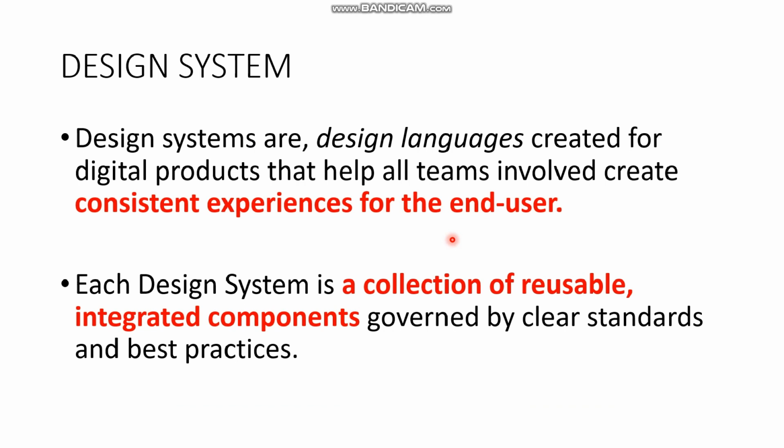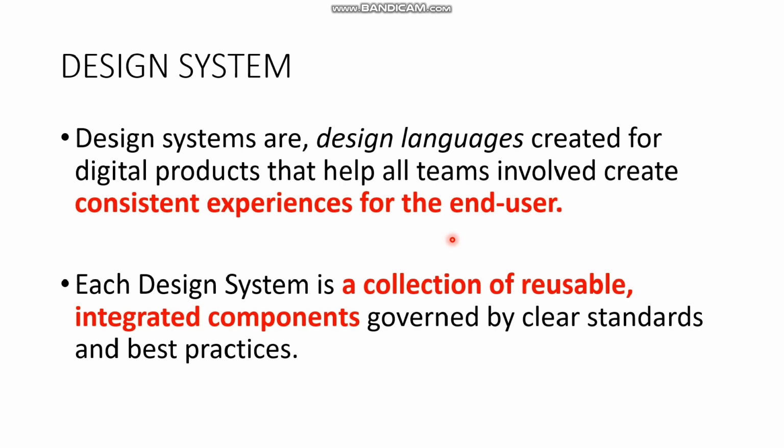So, I would say that a design system is a design language for consistent experiences for the end user, meaning that it won't be changed and it's reusable, and all the things are integrated.